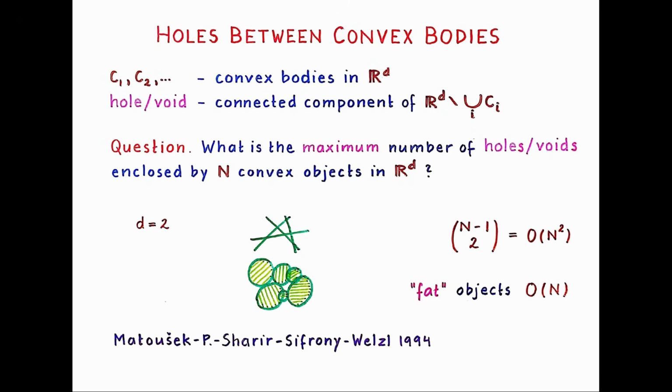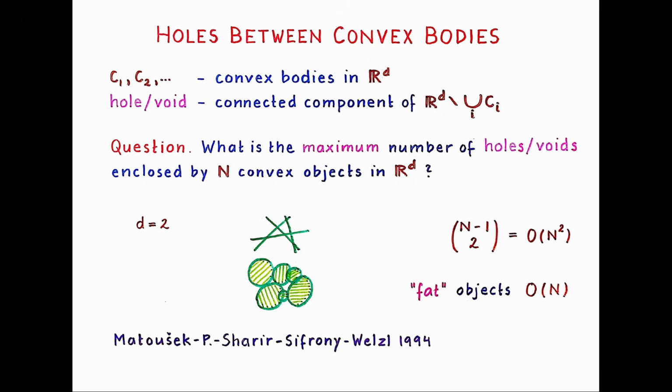But the interesting thing is that this quadratic number you can attain only if your convex objects are very longish. If they are not longish, they are fat. And what fat means is, for instance, they are circles, or you can say that the ratio of the radius of the circumscribing circle divided by the radius of the inscribed circle is bounded.